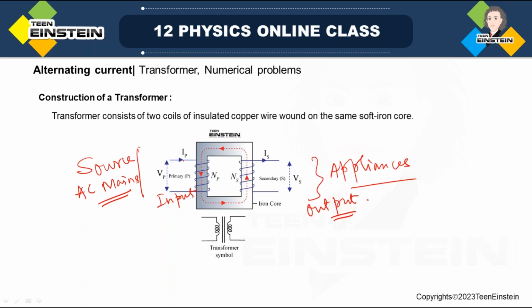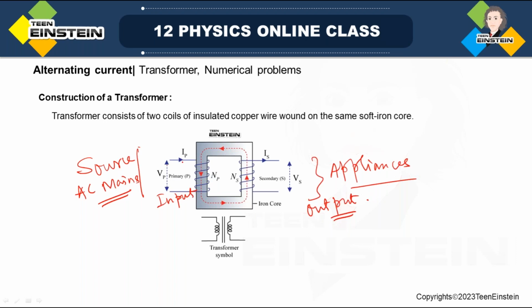First thing is that there will be a magnetic field around the coil, and that magnetic field will be passing through the coil. That means there is a flux linked with the coil.